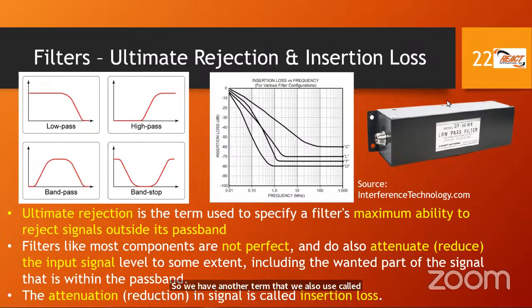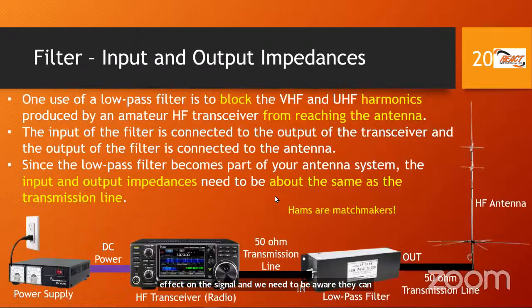So of course, once we put these components into a circuit, they have an effect on the signal, and we need to be aware they can be lossy, right? Remember we showed you on this diagram, normally we'll just connect our transceiver via transmission line to the antenna, but we have now introduced this extra component of a filter in between.